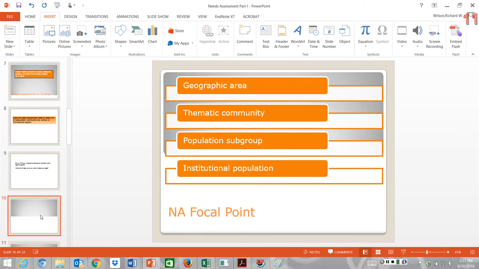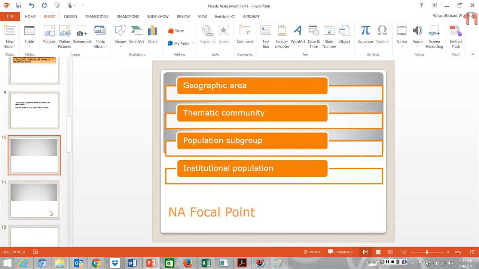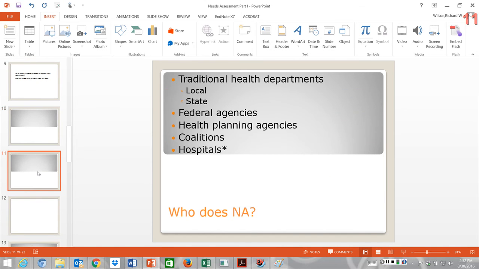It could be an institutional focal point, such as we may do a needs assessment for the employees of United Parcel Service in a particular location, or the people who work for a large factory, let's say. So there's an institutional population. Could be the students at a university, so on. So there's a lot of flexibility. We can use the strategies of needs assessment directed at a lot of different kinds of communities.